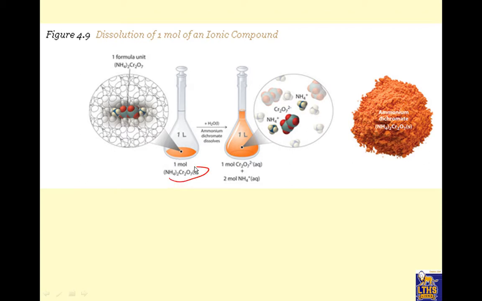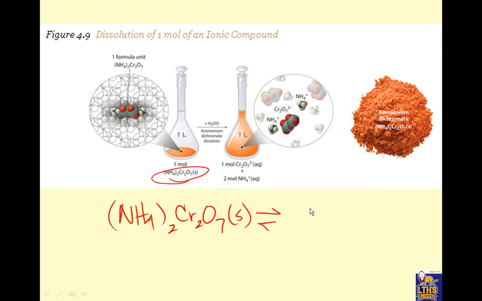Well, if we just put this solid stuff into this flask, okay, it's all stuck together because it hasn't dissolved. But when it does dissolve, the ammonium dichromate solid will dissolve into 2 moles of ammonium ions that are aqueous and 1 mole of dichromate ions, which are also aqueous.